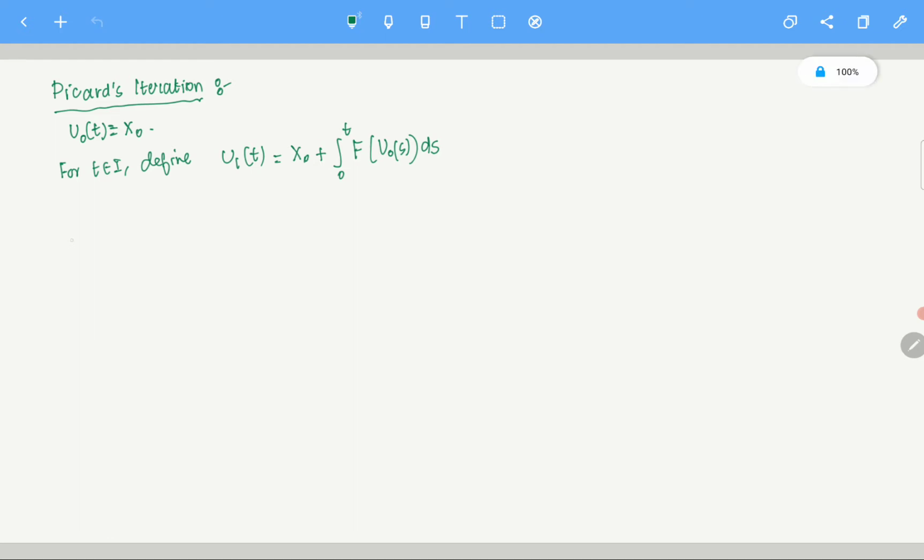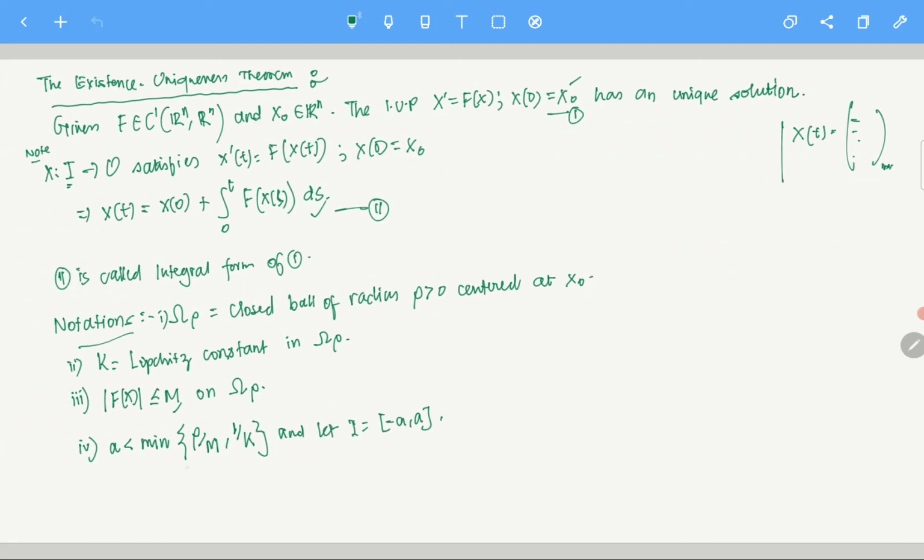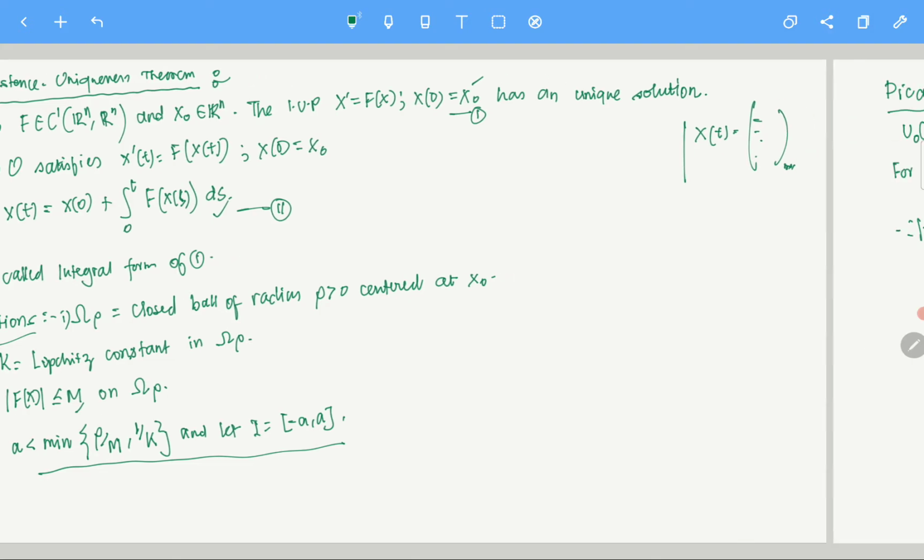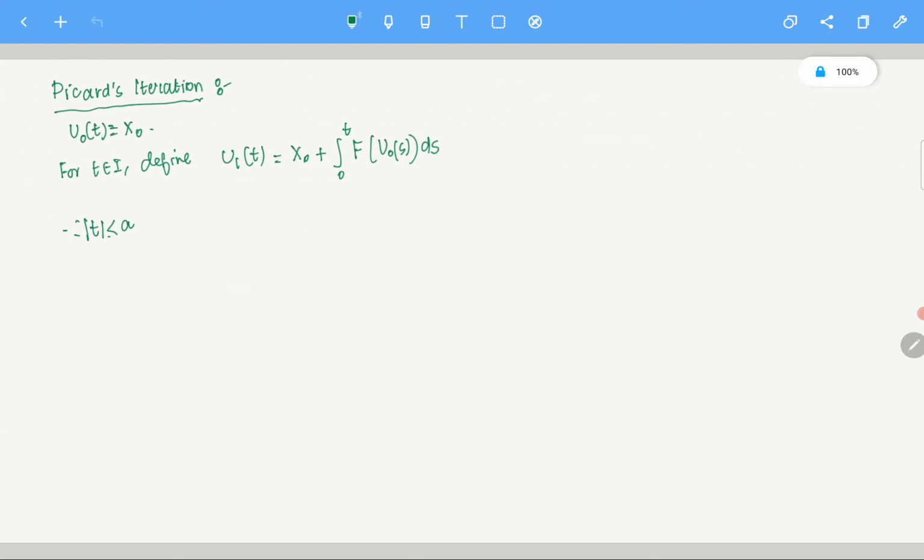Now since mod t is less than a, we will see why this condition is required. What is the need of this condition? Since mod t is less than or equal to a, and mod of x naught is less than or equal to m, that's what is given to us. Now, let's see what happens to u1 of t minus u naught.